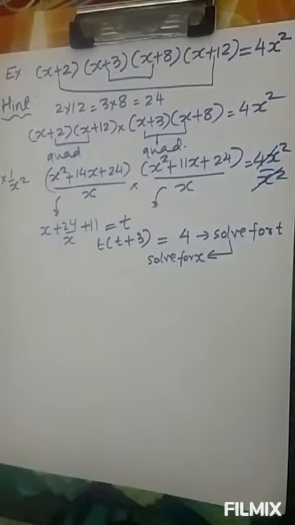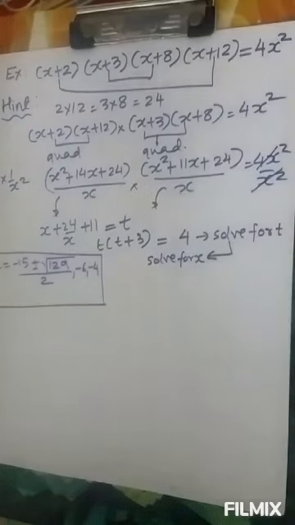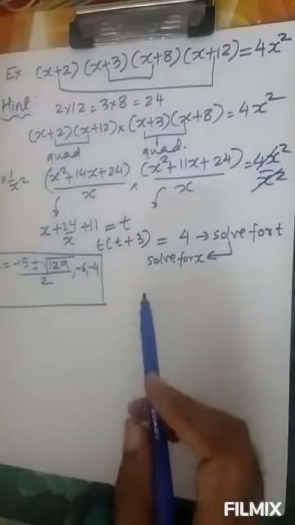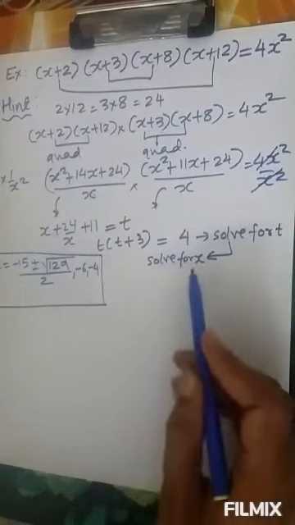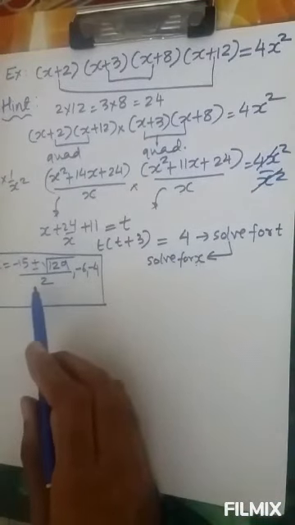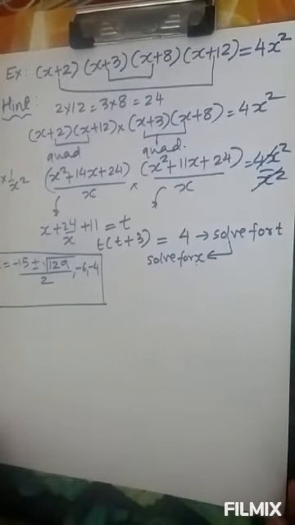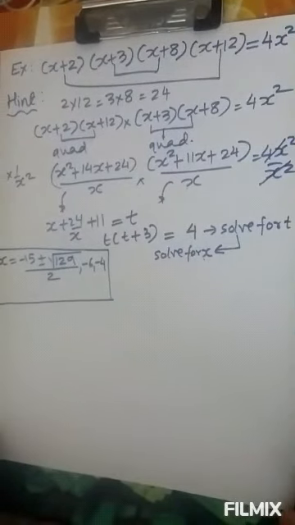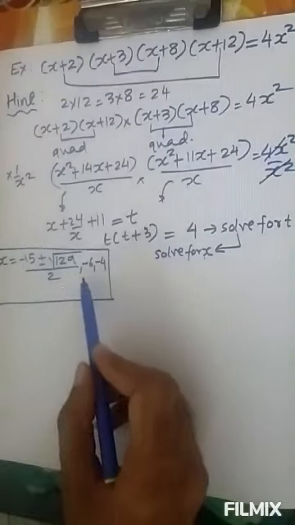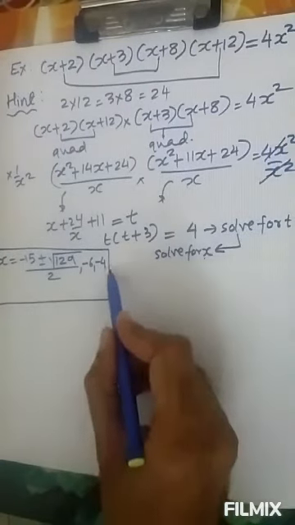That's the hint for this. For those who solve it, for their reference, the answer given is this. Okay, x is minus 15 plus minus root 129 by 2 comma minus 6 minus 4.